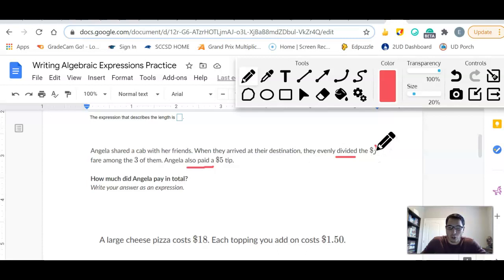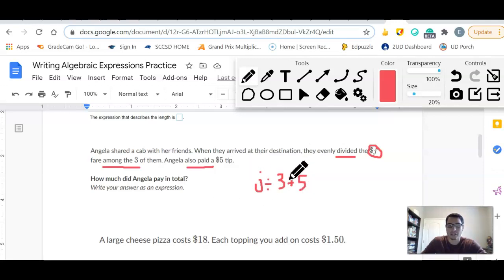So the total cost is J, and they are going to split that. So it's divided among 3 people. Okay, so you take the total cost and you divide that by the 3 people, and then you are going to also add a $5 tip.